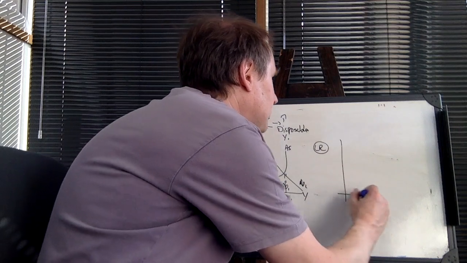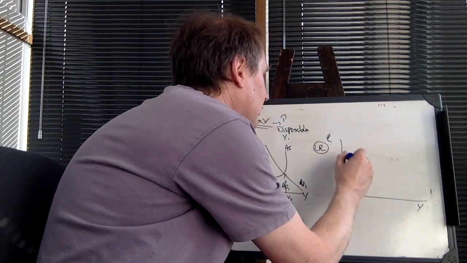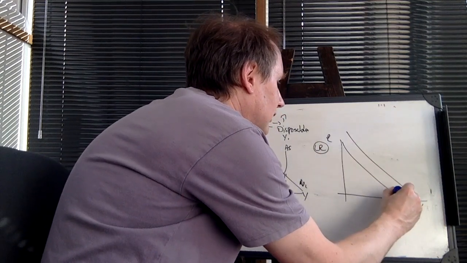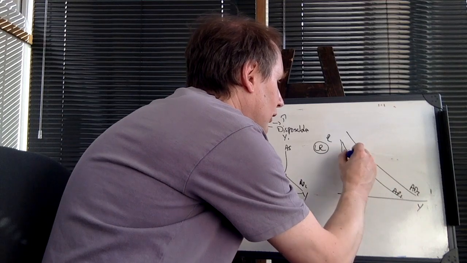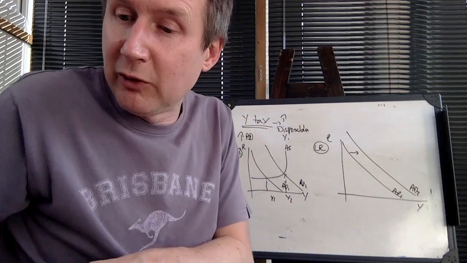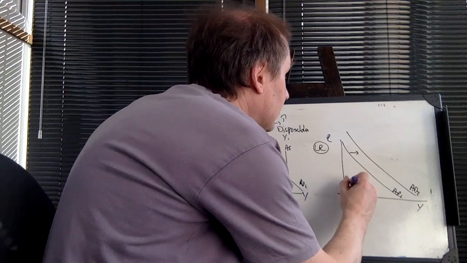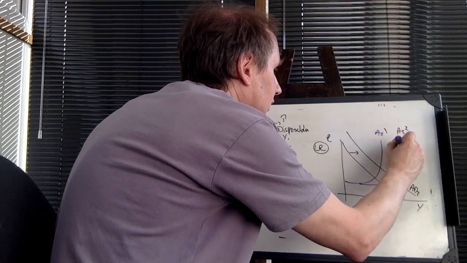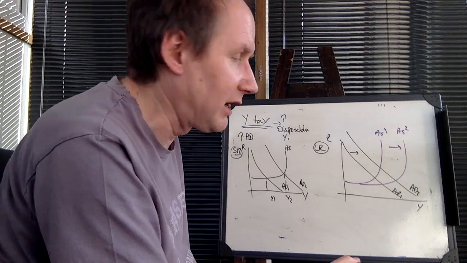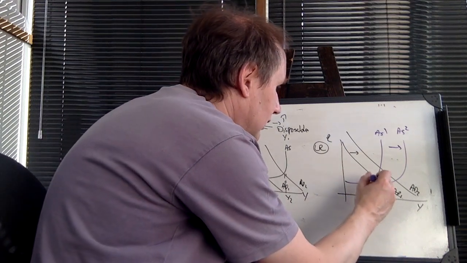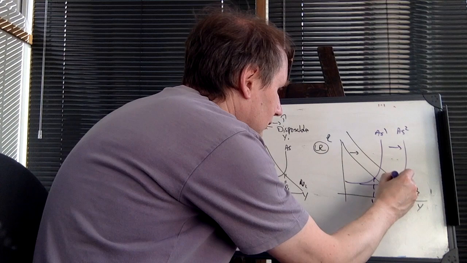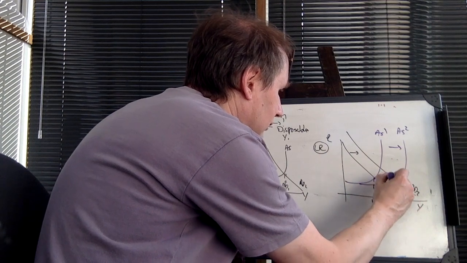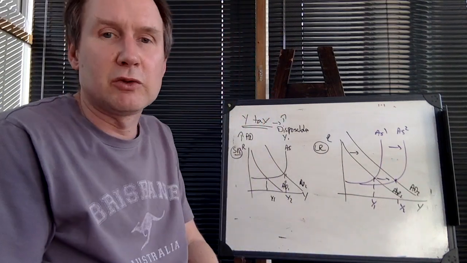If we expand the workforce, then in the long run, as well as aggregate demand increasing from AD1 to AD2, aggregate supply also increases from AS1 to AS2, and as a result the economy can expand in a non-inflationary fashion.